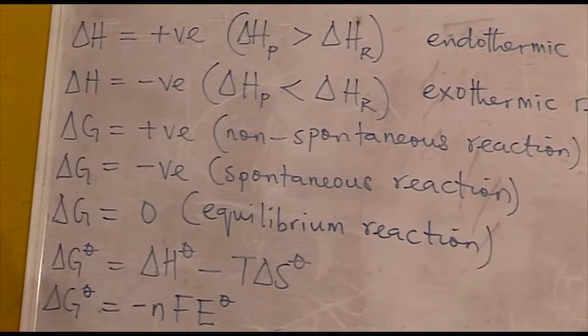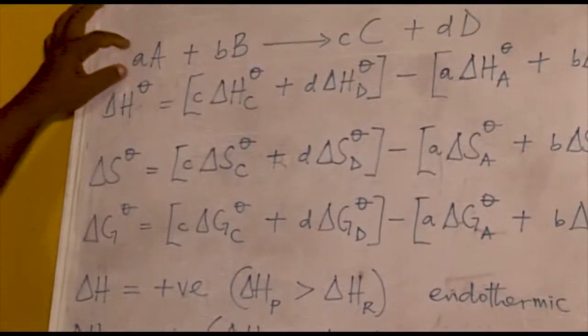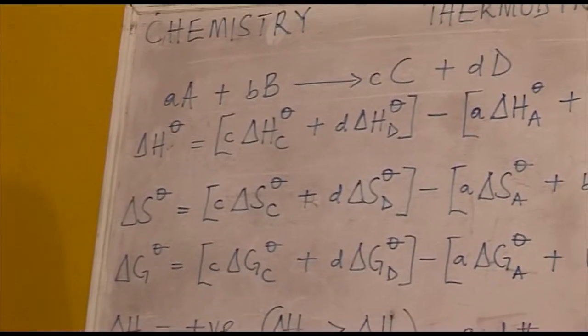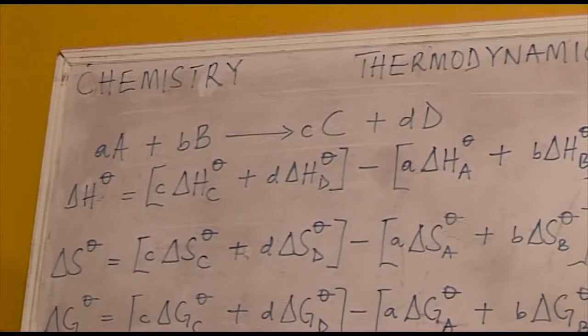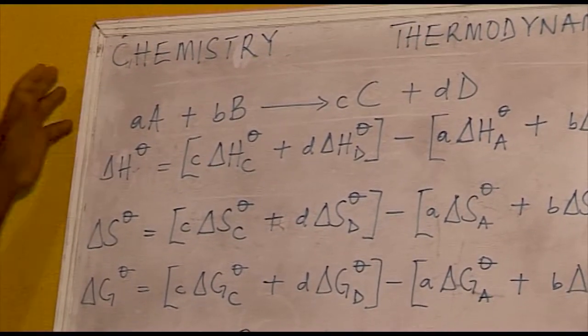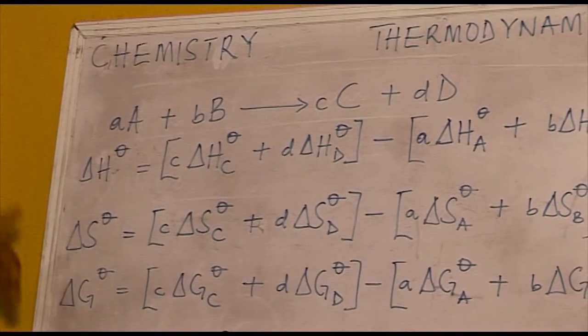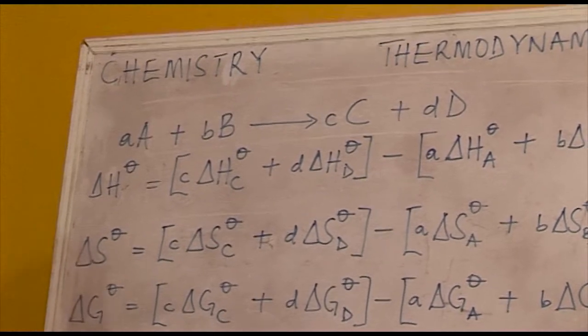So if we have a reaction system like this one, it is possible for us to calculate the standard enthalpy change. If we want to calculate the standard enthalpy change of this reaction, for instance, we want to see the overall enthalpy change so that we can determine whether it is endothermic or exothermic.